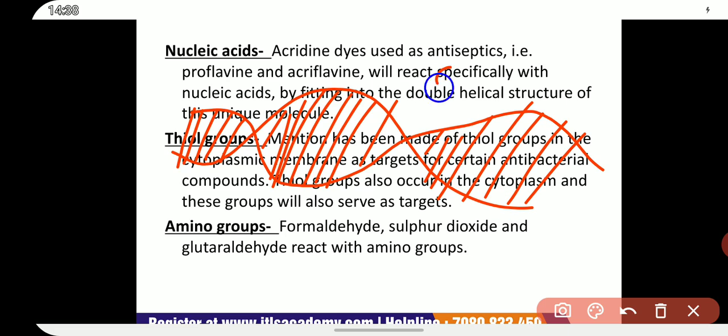So, if these are acriflavin or proflavin, these molecules can fit inside this DNA and can disrupt the proper functioning of this molecule. In so doing, they interfere with its function and can thereby cause cell death.